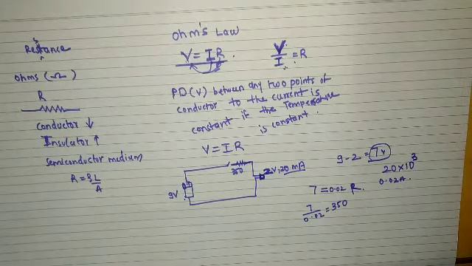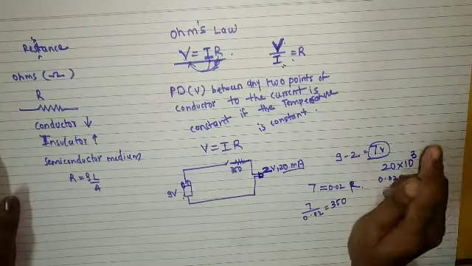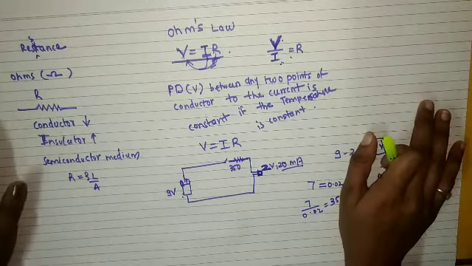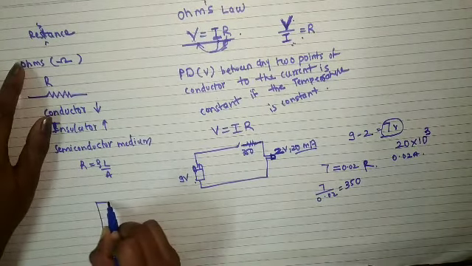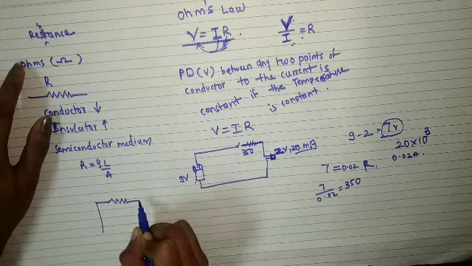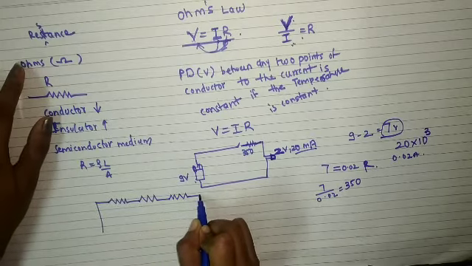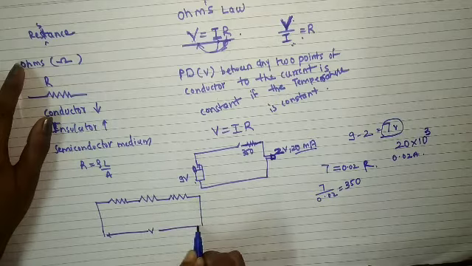Now we'll see resistances connected in series and resistances connected in parallel. So this is the diagram. This is the first resistance R1, this is the second R2, this is the third R3, and this is the voltage that we have applied.